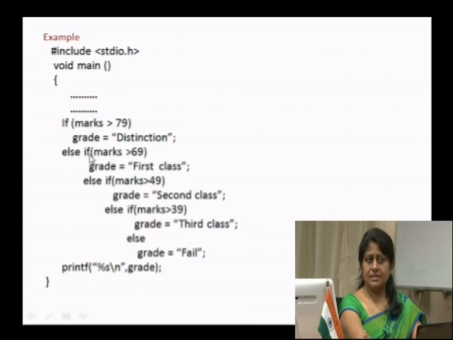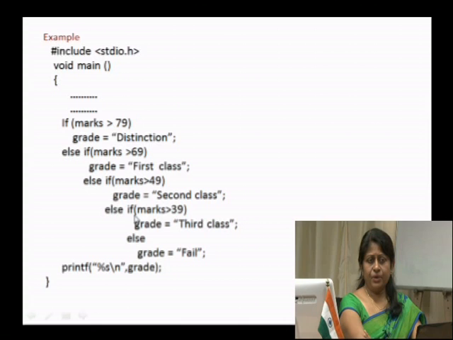If that is false, then it gets into the else part and another condition is checked, and then a value is assigned to the variable grade. If that condition also becomes false, then it gets into another else part and checks the condition. If this becomes true, then another value, that is second class, is assigned to the grade variable. If this also happens to be false, it gets into another condition. This happens until the entire else-if ladder has been executed.